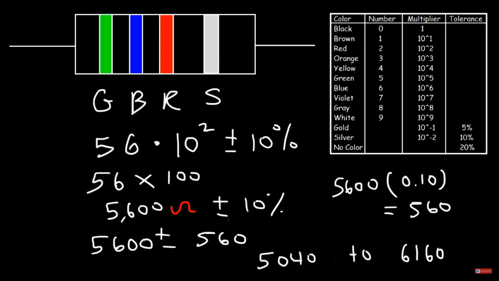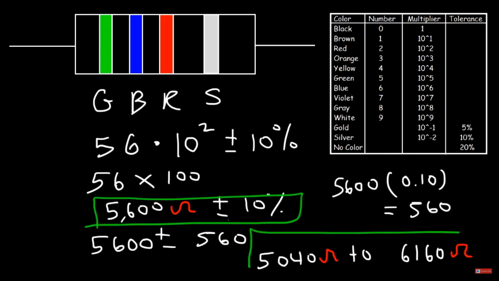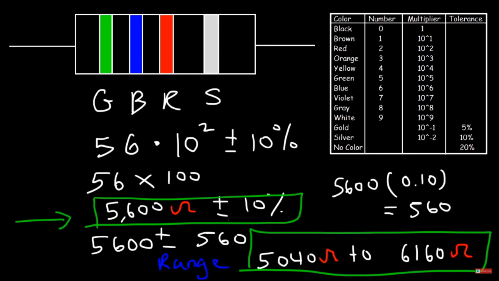So the actual resistance could be anywhere between 5040 ohms and 6160 ohms, with the average value being around 5600. So this is the resistance, and this is the range in which the actual resistance can be.